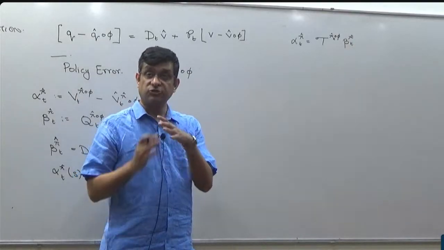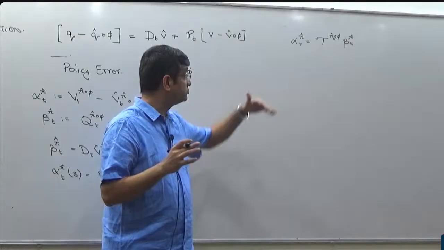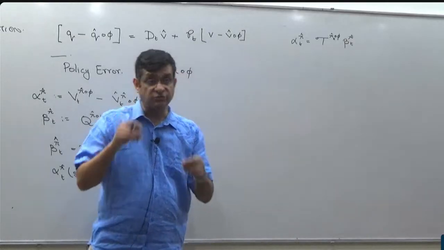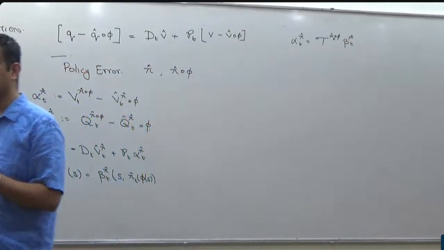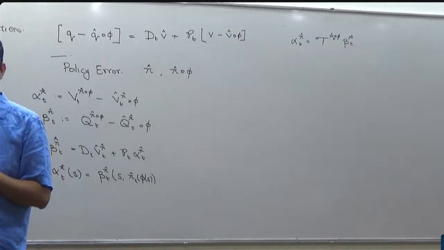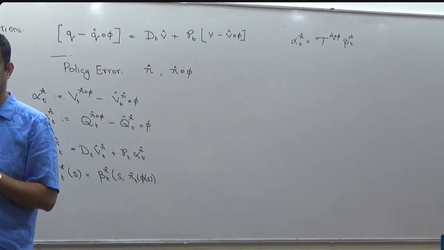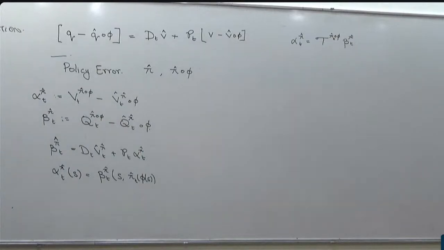So, this ends up being the same expression that I had last time, except I have to carefully keep track of how I am going back and forth between different spaces. Okay. So, the same thing is going to happen in the value error and the model error.